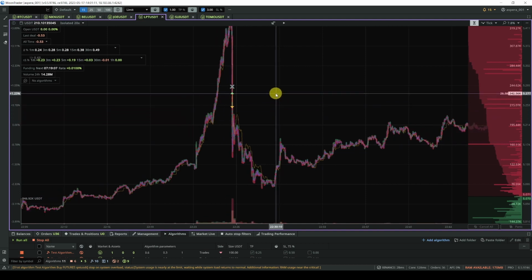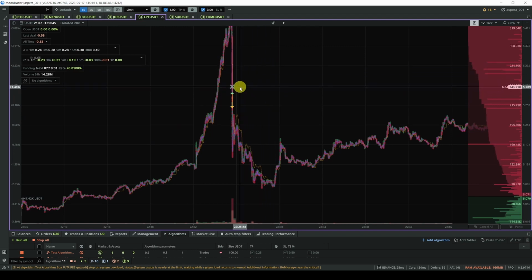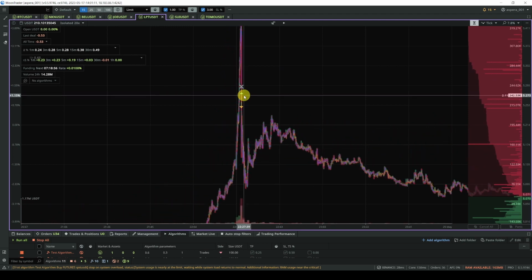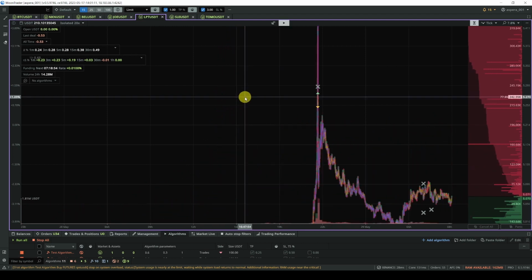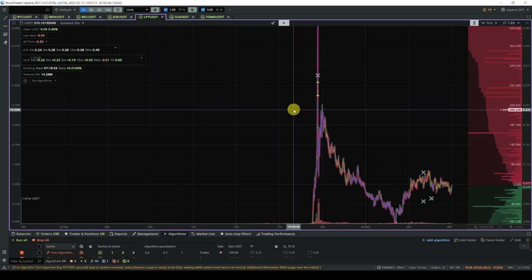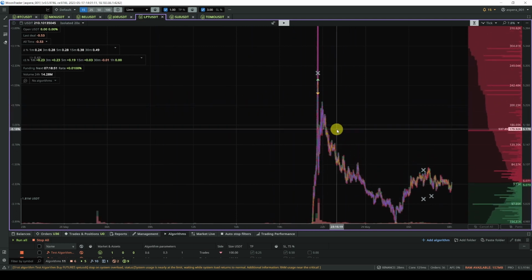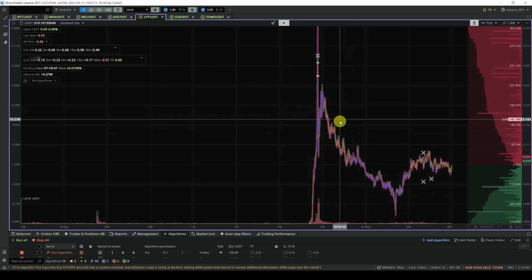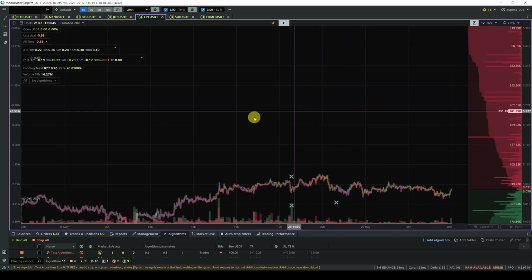So we opened here, so we bought here, and we could sell with a profit if the price went above, at least here. But look at that, there is no way we're making a profit with shots here. A whole different approach and concept is supposed to be used here. But no, this is a disaster.